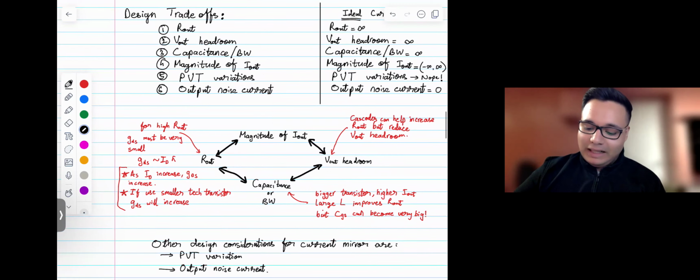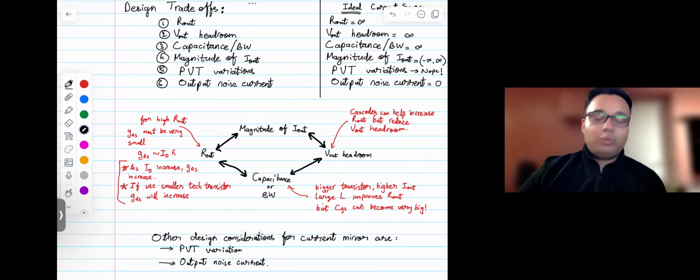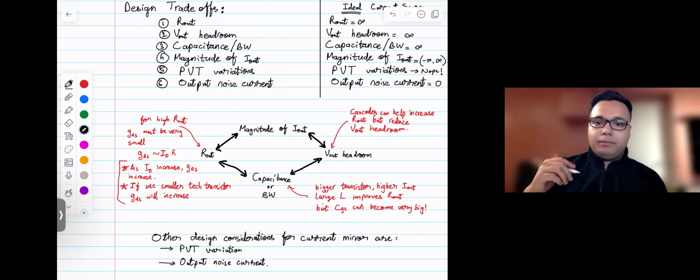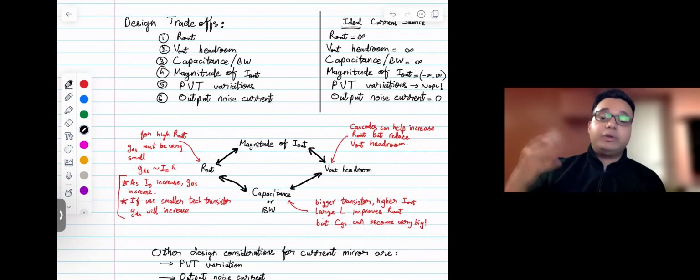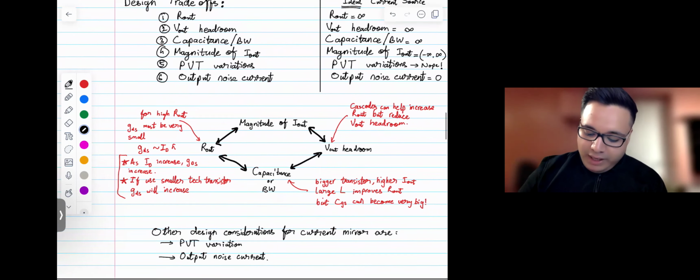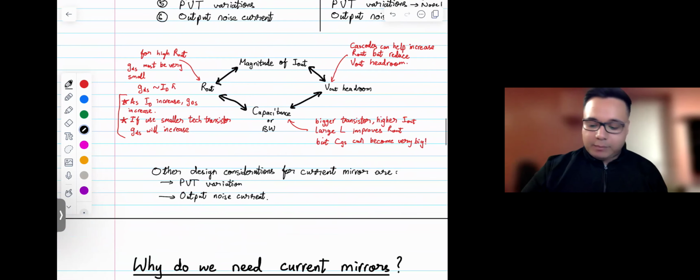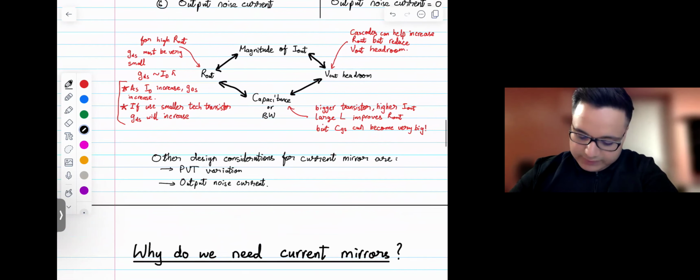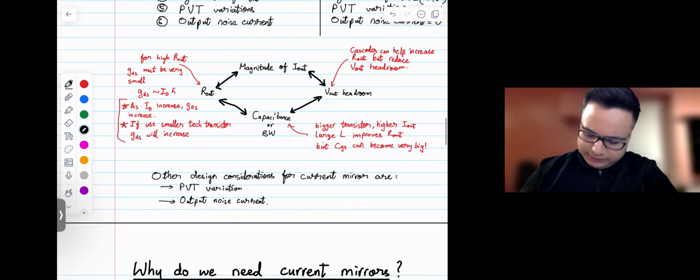But it's good to know what our goals are, right? Because if we're trying to build current mirrors, we want to possibly achieve some of these ideal parameters, or get as close as possible. So anyway, here's a little diagram of how those trade-offs work. Here's a brief summary.